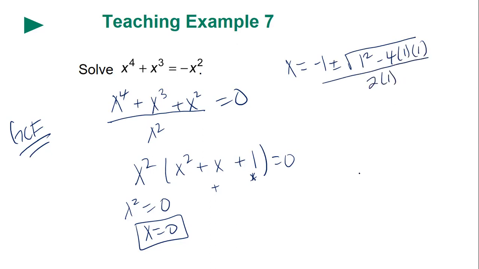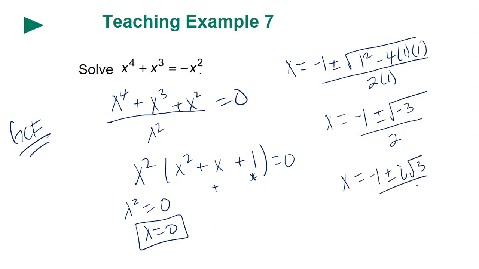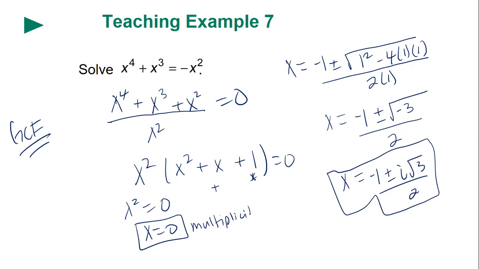Okay. So we get x equals -1 plus or minus the square root. What is 1 minus 4? -3. So x equals -1 plus or minus i square root of 3 over 2. And those are my last two solutions. Even though I only see 3 solutions, that's because x equals 0 has a multiplicity of 2.